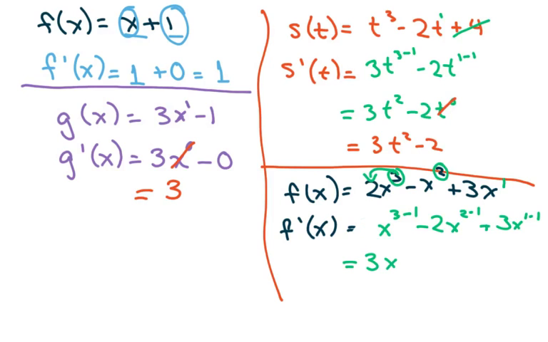That's supposed to be 6. All right. So that's 6. We're going to get 6x squared minus 2x plus 3x to the 0. x to the 0 is just 1. So my answer is 6x squared minus 2x plus 3.